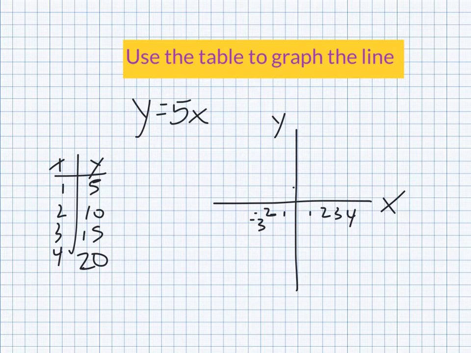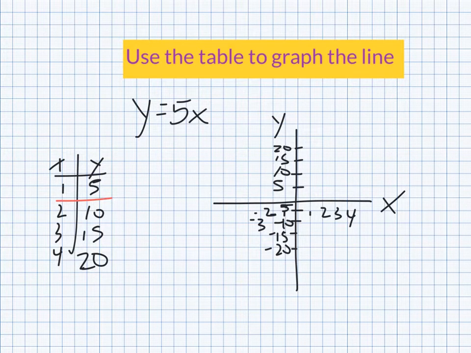I'm going to count my y's by 5. Can you figure out why? Well, counting by 5 seems like a really easy way of going throughout the whole table, and it saves me a lot of work, and it's absolutely allowed, so that's what I'm going to do.